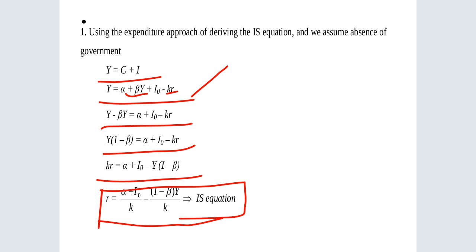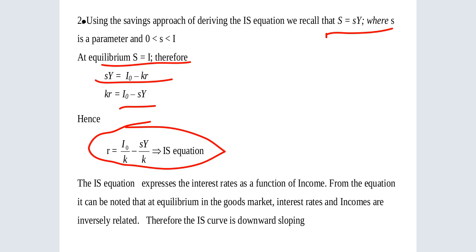The other part, which is 1 minus alpha over k multiplied by Y, is the same as sY over k. So that simply means that the IS equation expresses the interest rate as a function of income.